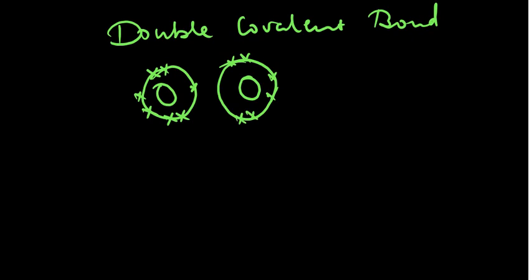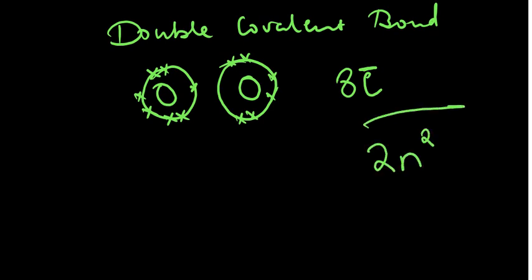In order for oxygen to become a stable atom, because for an atom to be stable it must have 8 electrons in its shell. This is why you learn about electron configuration, where you can use the formula 2n squared to find the maximum number of electrons that can occupy a shell.